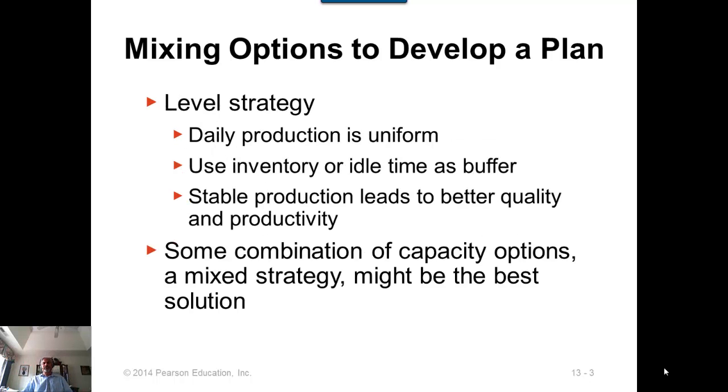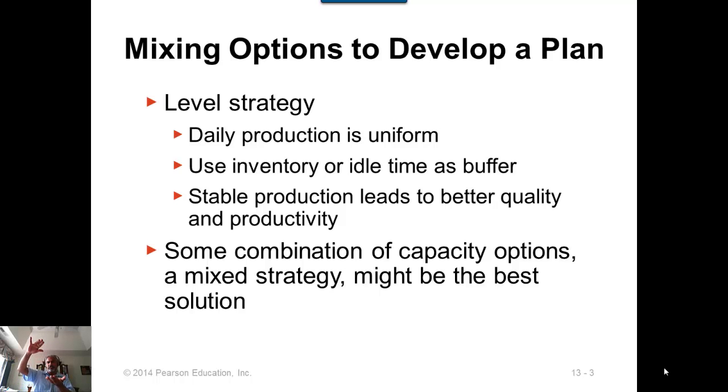The next strategy is called level strategy, and as the name suggests, you maintain a level production that doesn't change. So uniform production rate, the same units of production daily, or the same units of production monthly. Use inventory or idle time as a buffer, which means that if the demand is smaller, then you build inventory.